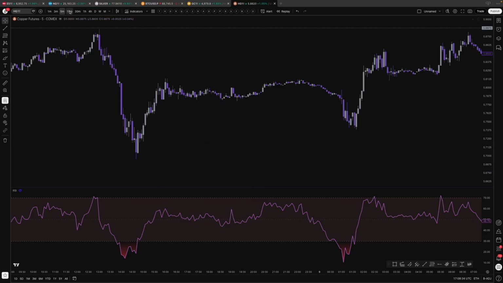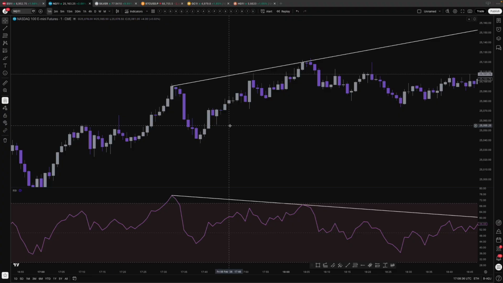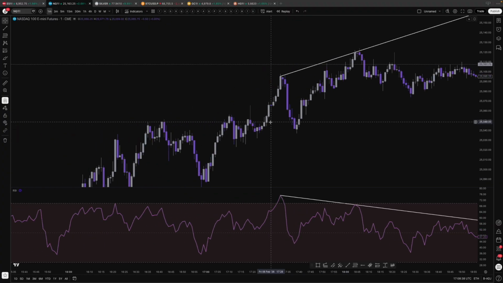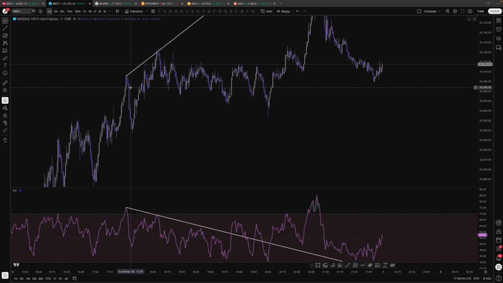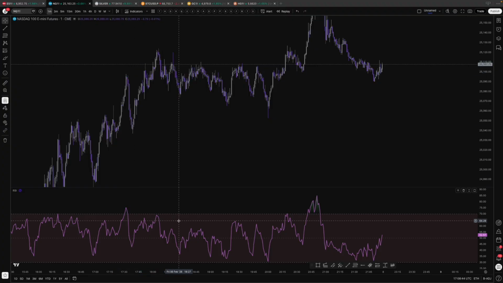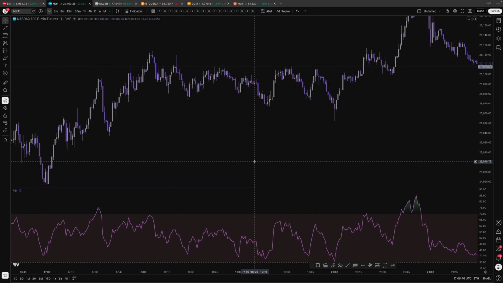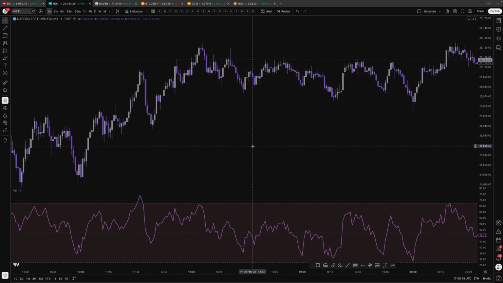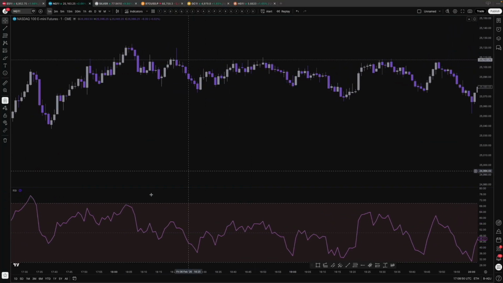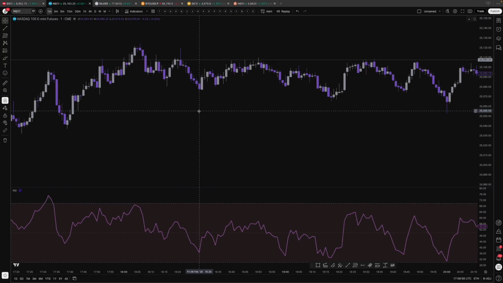Now, here, this NASDAQ was very interesting on Friday. Let me just close this, get these lines out of here. And so we'll talk about this. One thing that is very interesting about it is that momentum is a trend as well. It's not just price action that trends.